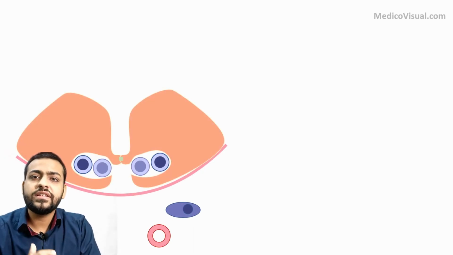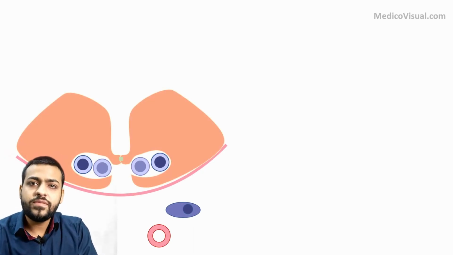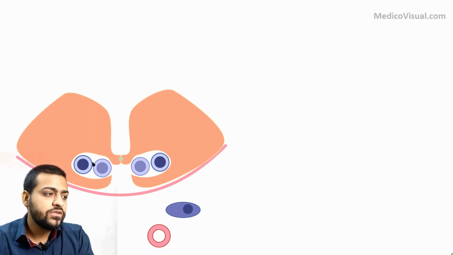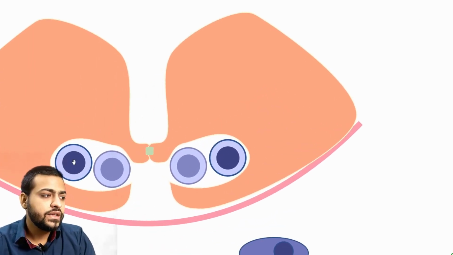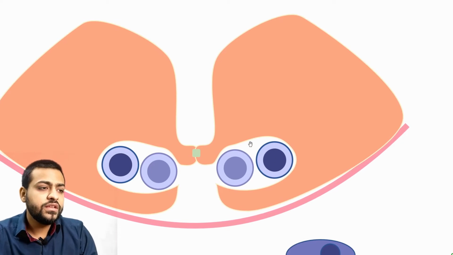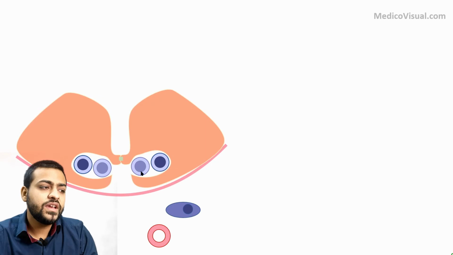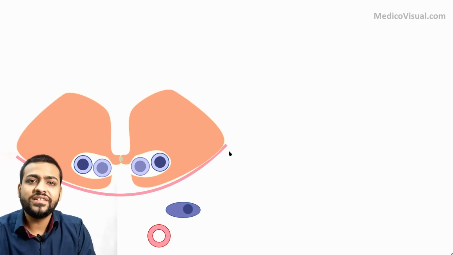Spermatogenesis starts with the start of puberty. So before puberty starts, these Spermatogonia A, Pale and Dark, keep sitting in these recesses of Sertoli cells. They are not doing anything, they are resting there, right?